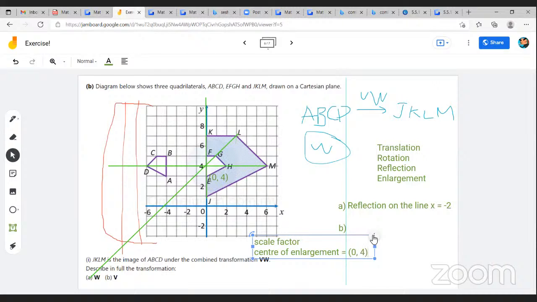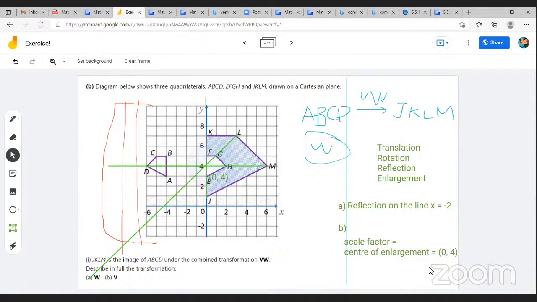Okay, so now we're looking for the scale factor. Do you know the formula for scale factor? If you're not sure, you can say not sure. I'm not sure. Okay, don't worry. Let me erase everything here.